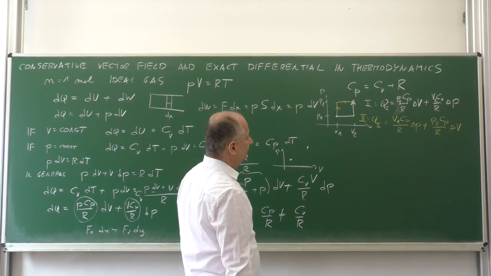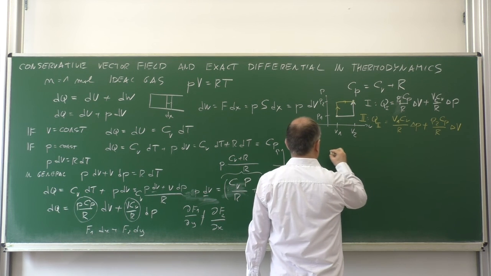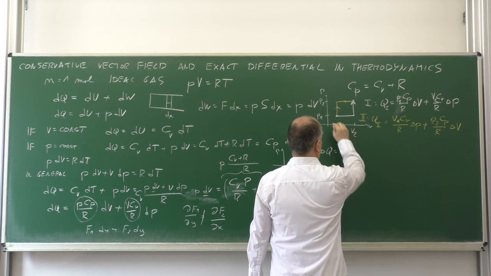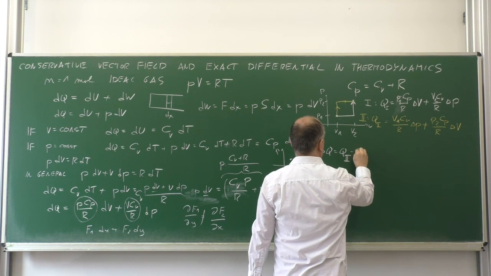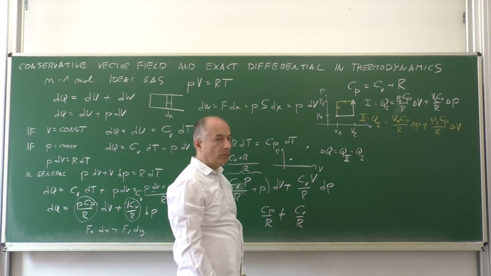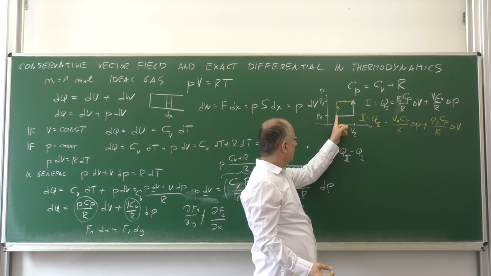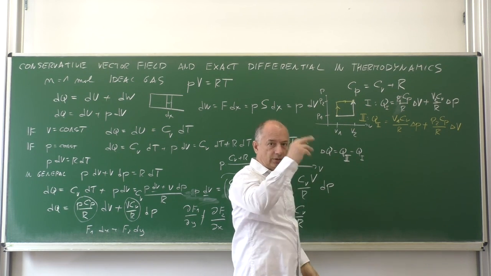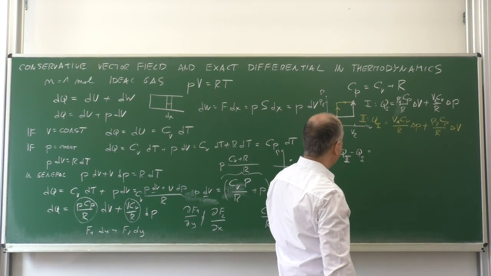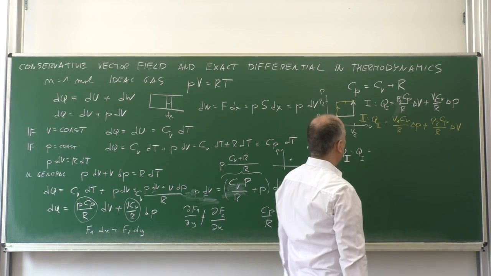Well, this is different. This is not so easy to see, but if we consider the difference, Q added in the second way minus Q added in the first way, which would be equivalent to the Q necessary to put to the system if we go around the closed loop. So yellow minus white.